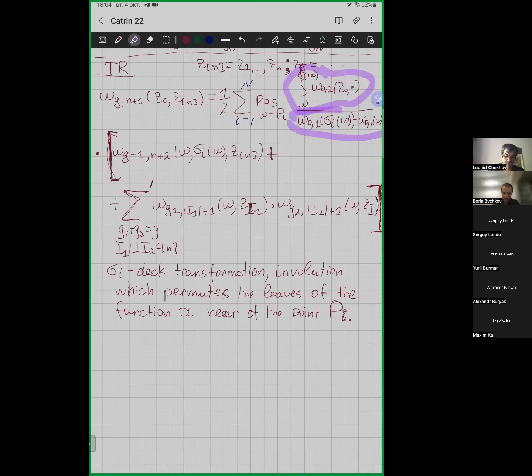In the end, we have an n plus 1 form, and when we take a residue at these points, we obtain this n plus 1 form from the left hand side.